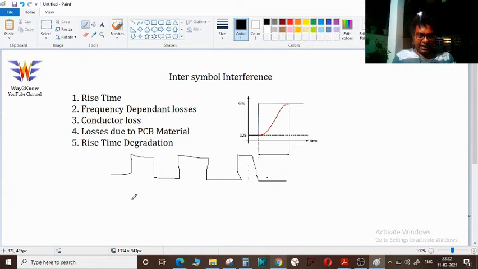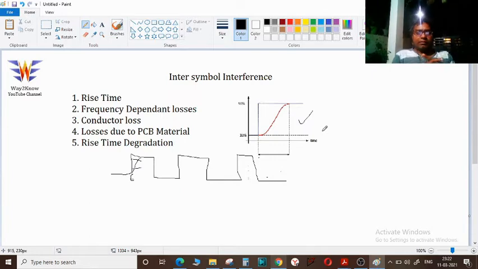In reality, instead of rising directly at an instant t, it takes some time to rise to this particular high value. The time taken for the signal to rise from 10% to 90% of the value is called the rise time. That's what we are showing here.